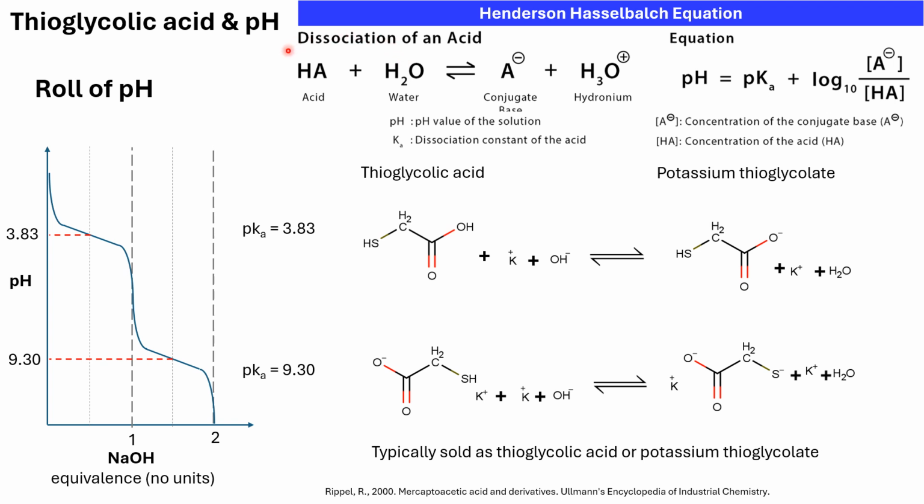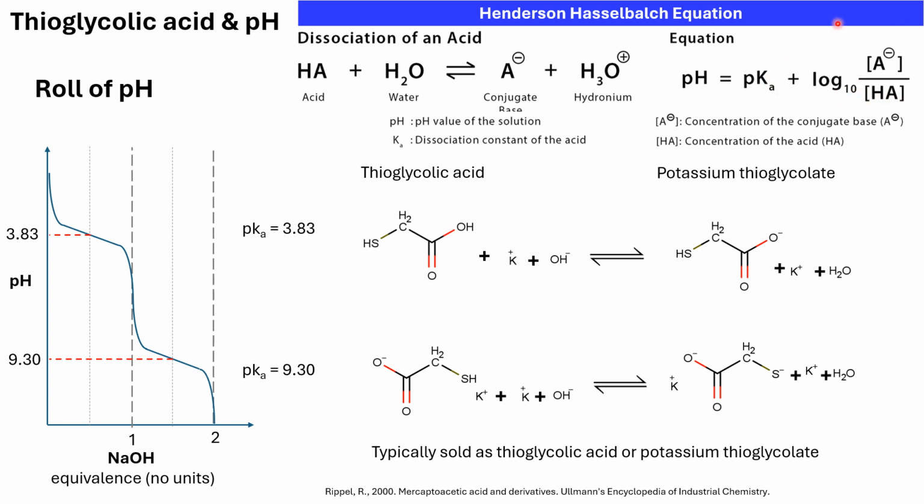And where we get that from is we think of our acid plus water producing a conjugate base and a hydronium ion, and we can put those concentrations into an equation. So we have a concentration of our conjugate base over our acid itself.